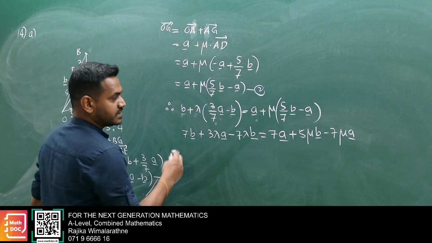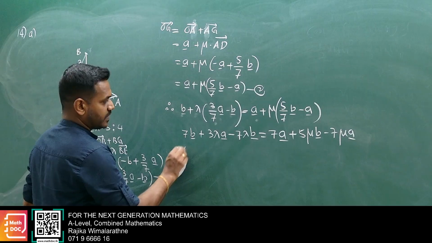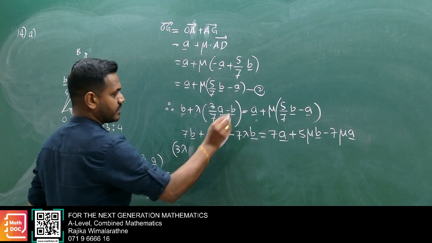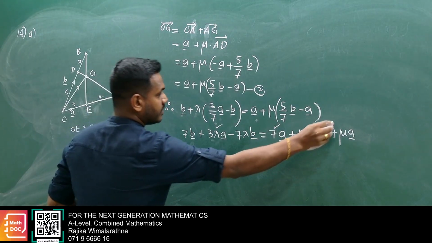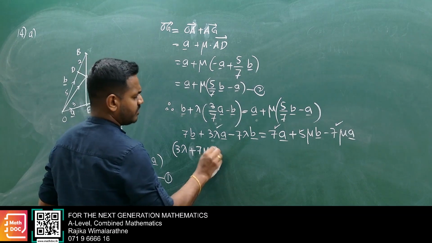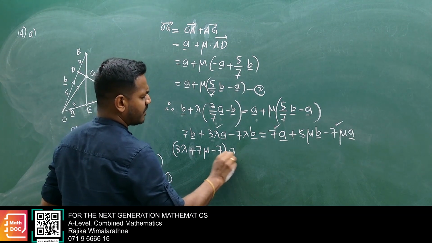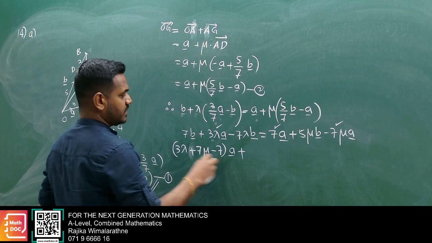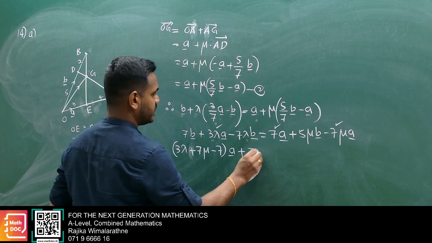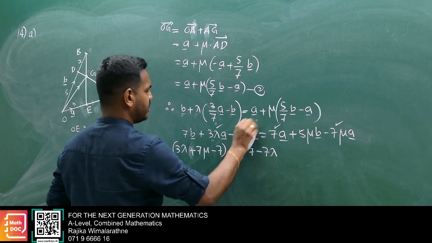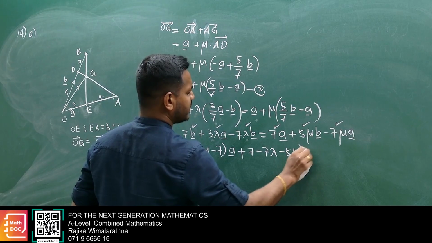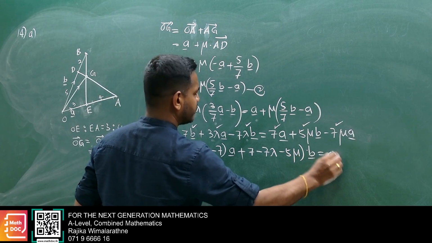Now take all terms to one side: the A terms, 3 lambda plus 7 mu minus 7, and the B terms, 7 minus 7 lambda minus 5 mu, equal null.